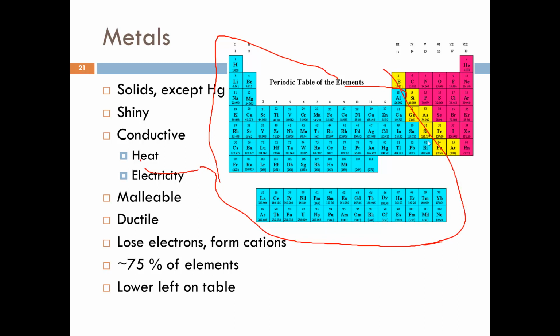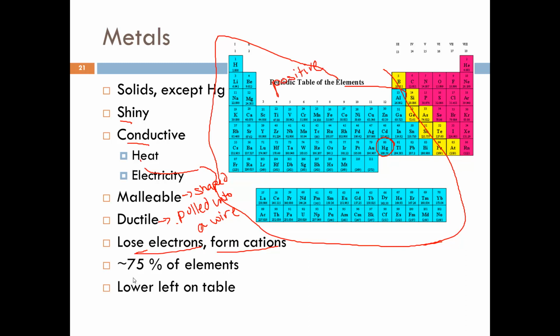They're shiny, they conduct both heat and electricity, they're malleable, which means they can be shaped, and ductile, which means they can be pulled into a wire. They lose electrons, forming cations. So these are all going to be positive when they react. They're 75% of the elements, and they're on the lower left of the table.